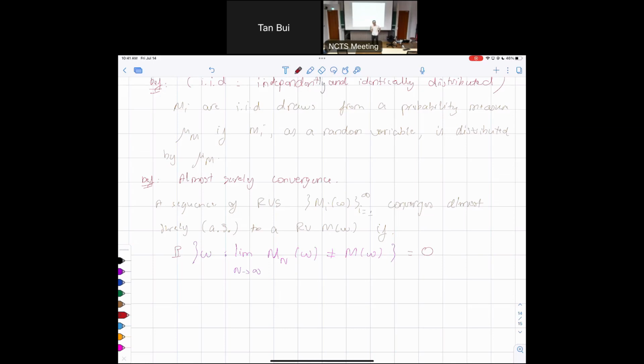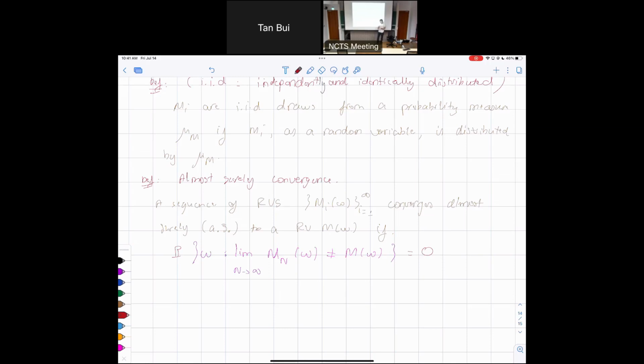This is a probability way of saying almost everywhere. This is nothing more than converging almost everywhere. That is, the set where this sequence does not converge has measure 0. The only difference is that this is a probability measure.